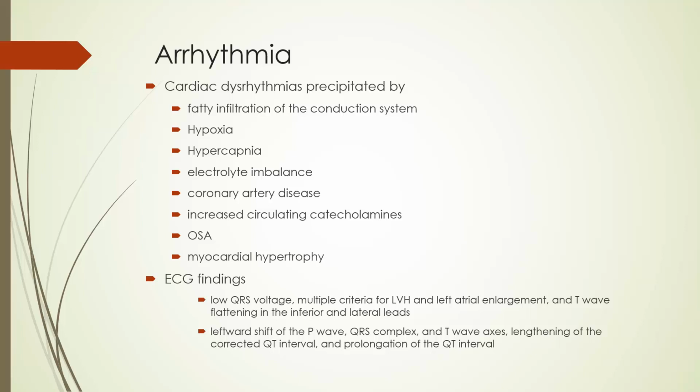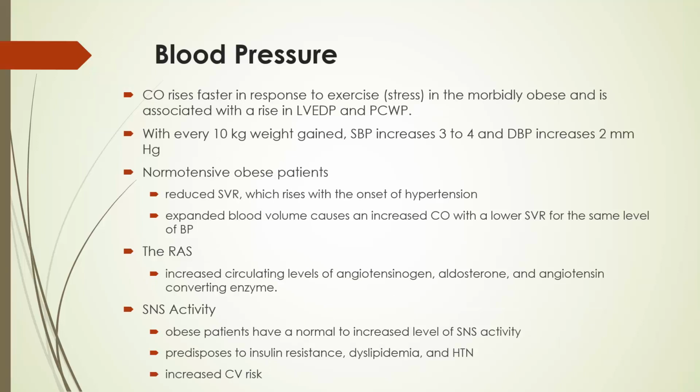Also, T-wave flattening in the inferior and lateral leads. Also, there is a leftward shift of the P-wave, QRS complex and T-wave axes, lengthening of the corrected QT interval and prolongation of the QT interval. Substantial weight reduction reverses many of these ECG abnormalities in a pretty quick period of time.